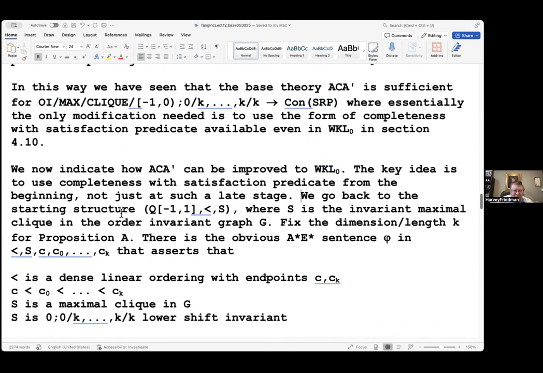We go back to the starting structure, Q minus 1, 1 less than S, where S is the invariant maximal clique in the order invariant graph G. We fix the dimension, our length K for proposition A. Yeah, that's what I call A. There's the obvious A star, E star sentence phi. Well, let's just say it this way.